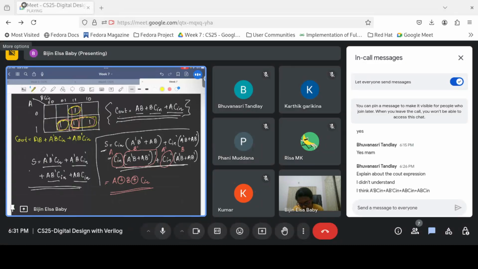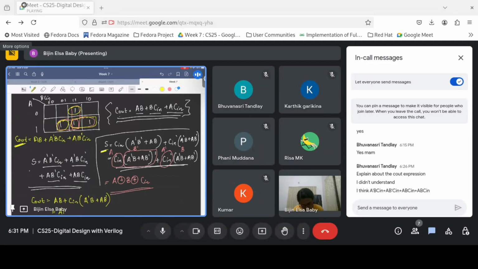So this we can write like this. This is mainly to find the common sub-expression between the sum and the carry. If we take C value, it will be A bar B plus A B bar.